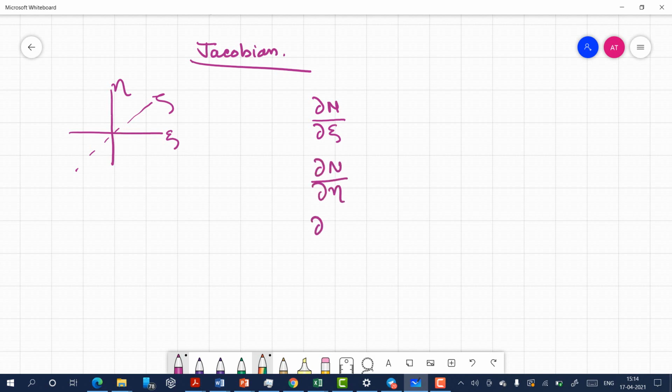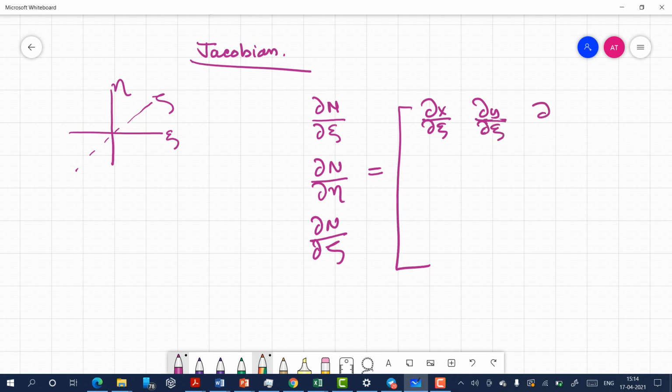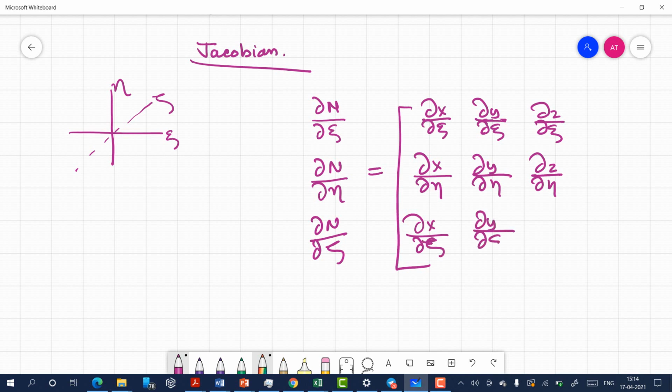del eta and del psi, then I can break it down as del x by del zeta, del y by del zeta, del z by del zeta, del x by del eta, del y by del eta, del z by del eta, del x by del psi, del y by del psi.